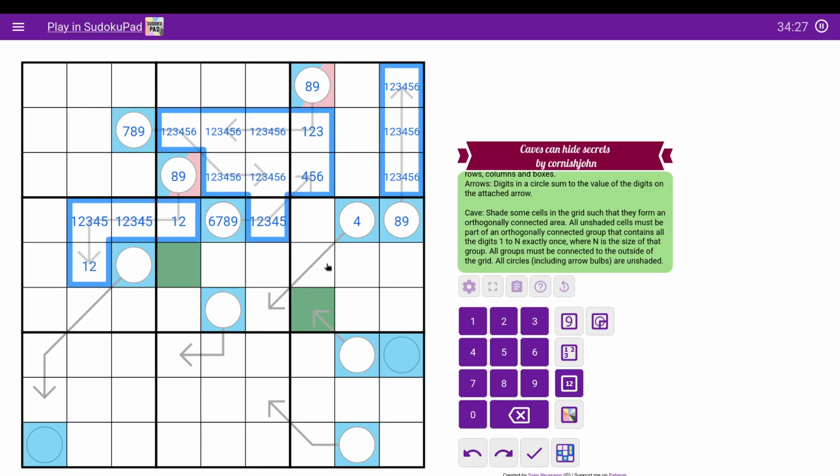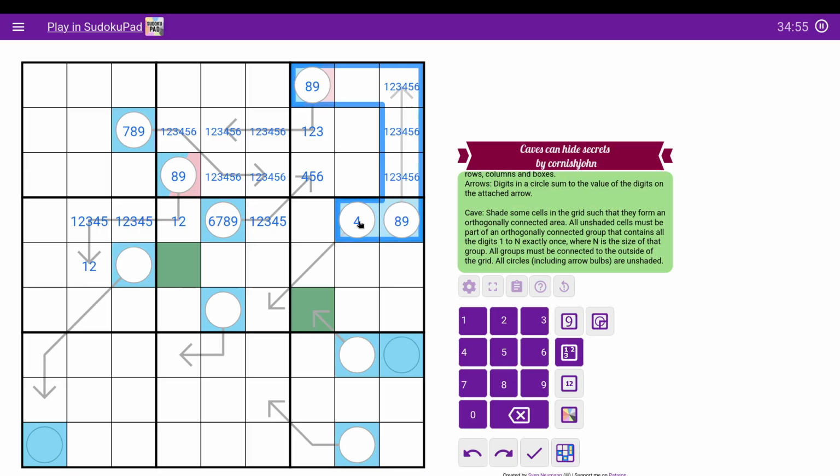4, 2, 2. Why can I prove it to be 4? Why can't it be higher than 4? If these are part of the same, and these are 1, everything is minimum all the way around. These are connected. This digit is here.